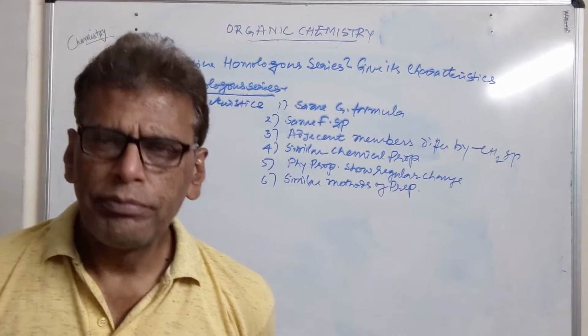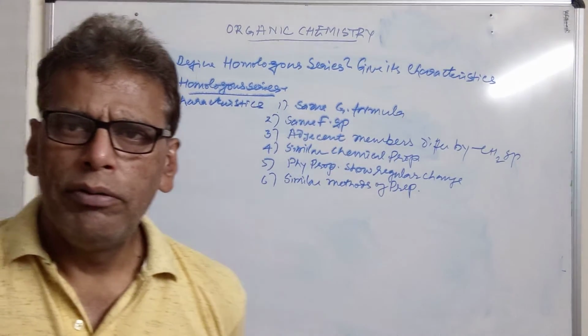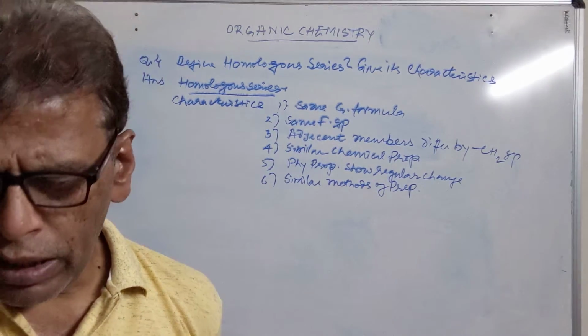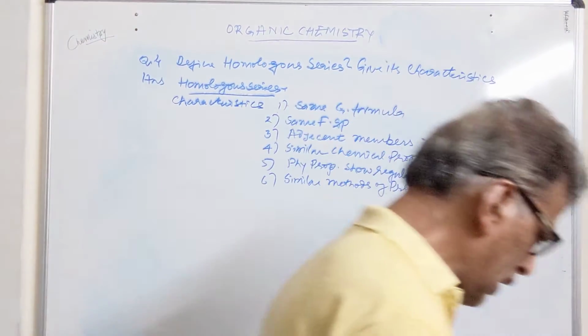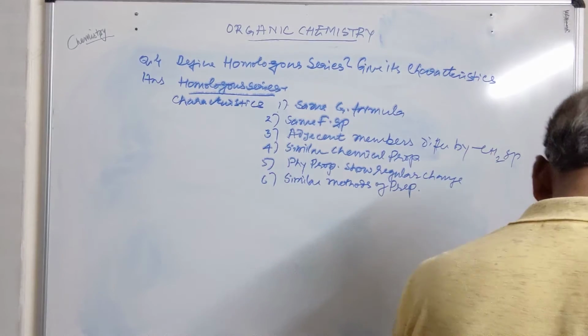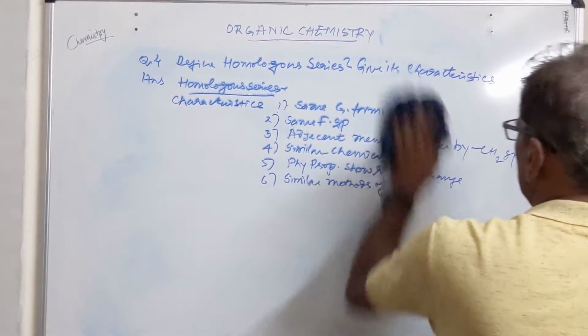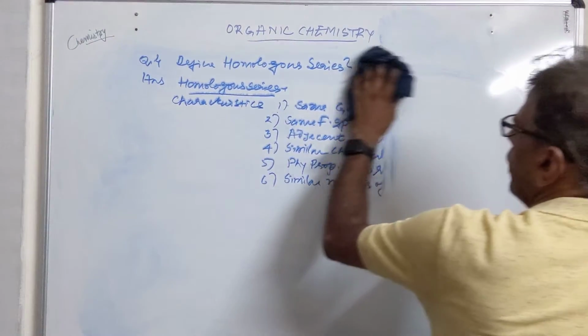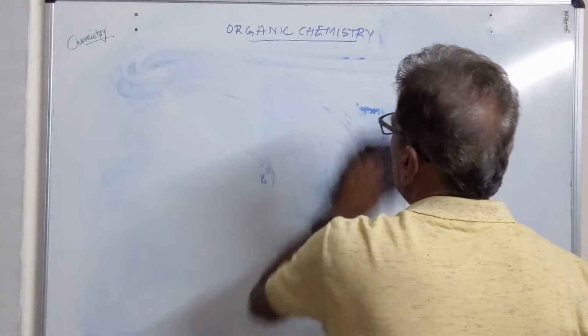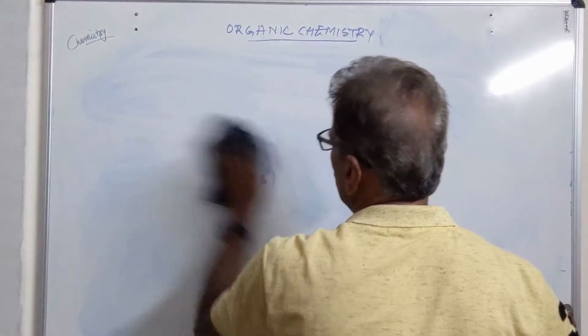Then we have next question, what are the different parts of the IUPAC name of an organic compound? So this is a very important question. Now we are switching to the nomenclature of organic compounds.